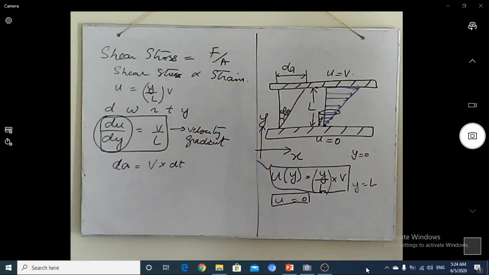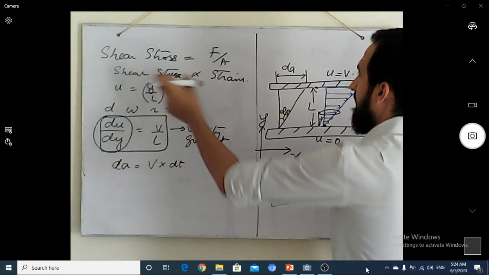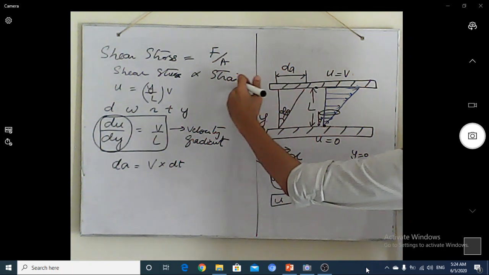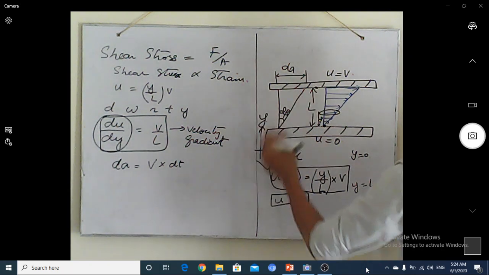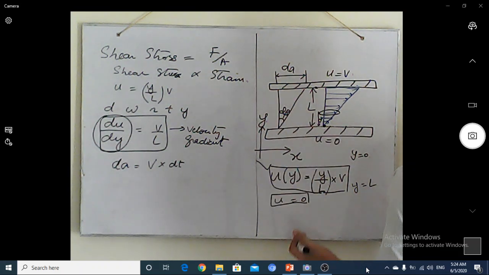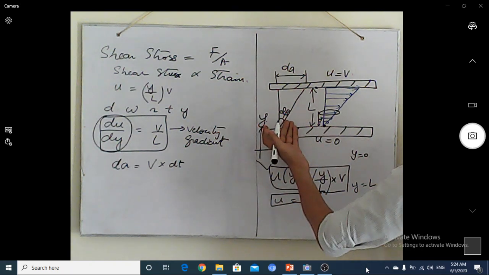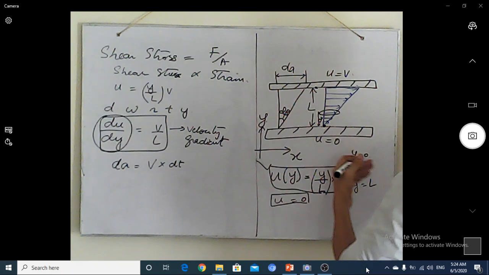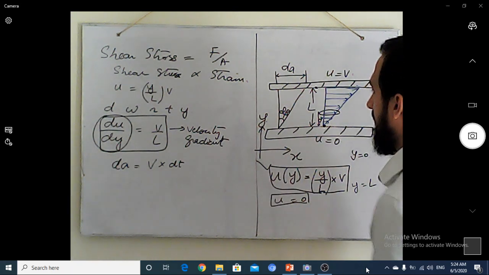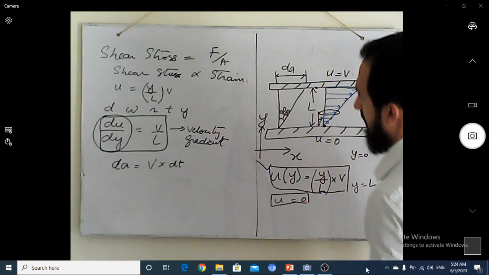Now we consider the triangle present here. As we know, shear stress is directly proportional to strain. If the shear stress applied here is greater, that angle of strain will definitely be greater. If the shear stress is lower, this angle will not have that much magnitude compared to higher shear stress.